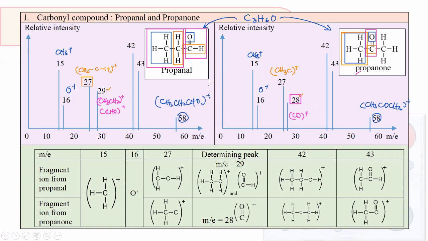Whereas 42 and 43 are given by the same peak. 42 is given by CH3CH2CH plus, which is a C3H6, whereas in here it is given by CH3CH3 plus, and then the 43 is given by CH3CO plus, whereas in here it's given by CH2CO plus.